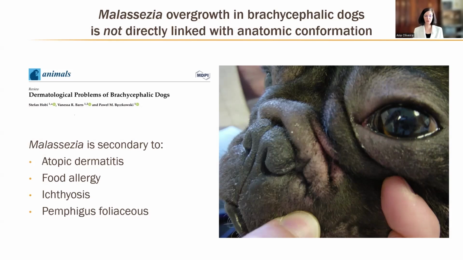So, in fact, what we can take from here is that if we have a brachycephalic patient that is having recurrent Malassezia overgrowth on the fold, we should check if this patient has an underlying disease. And very commonly, we will find again an allergic problem.